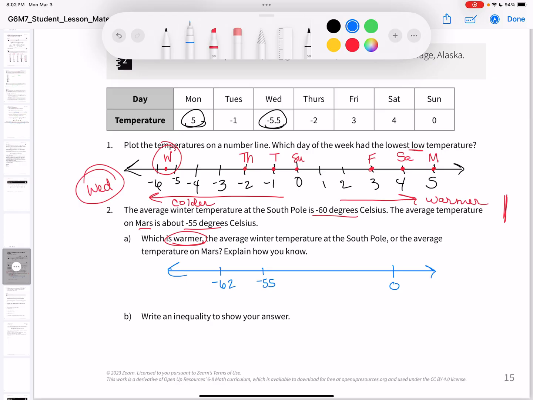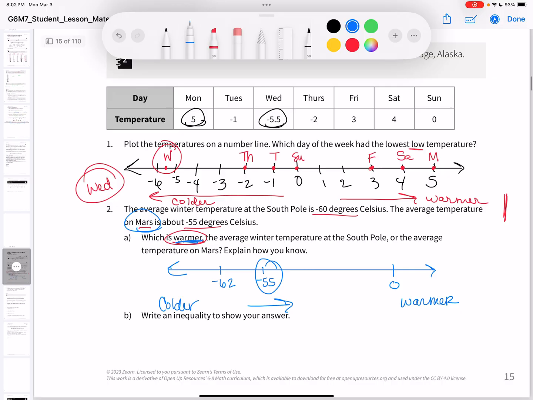So if this is colder and this is warmer, which is warmer? Well, the negative 55 would be warmer because it's to the right of negative 62. So which one is negative 55? It's Mars. Mars is warmer, which is crazy to think.